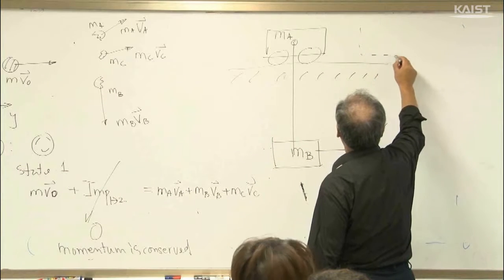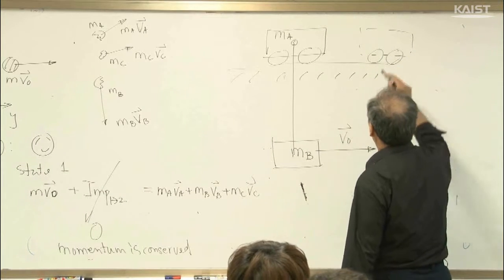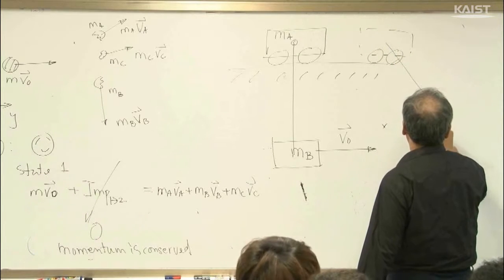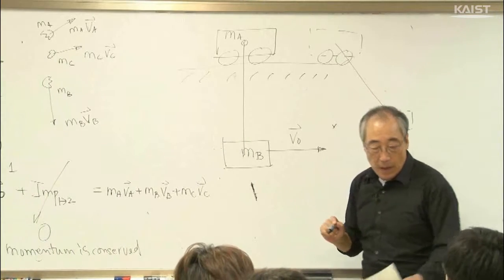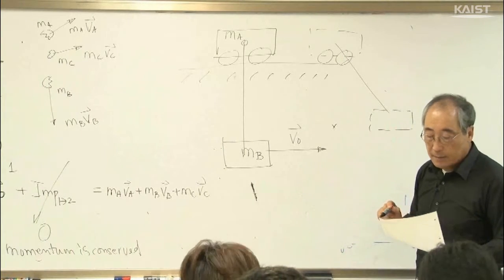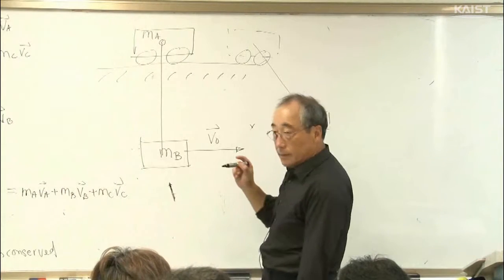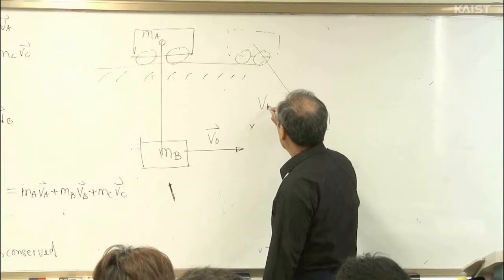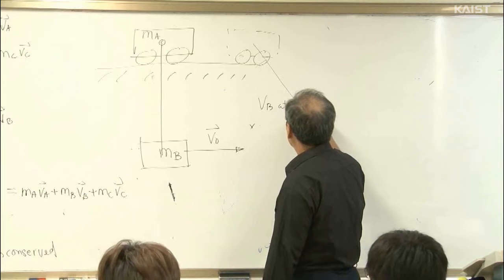And then what is going to happen? This cart will move and the bar will go up. And the problem asked us to get VV at maximum elevation.